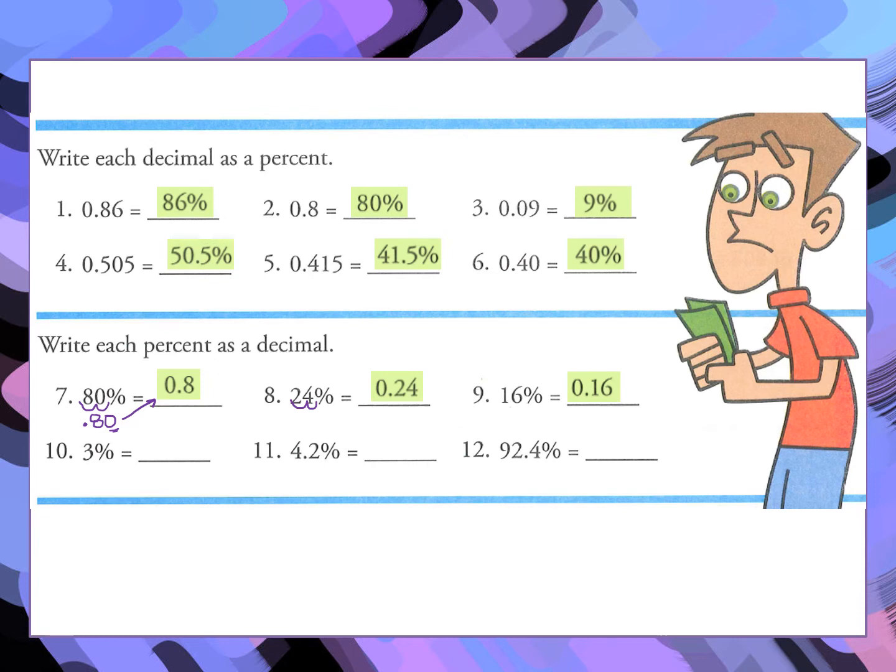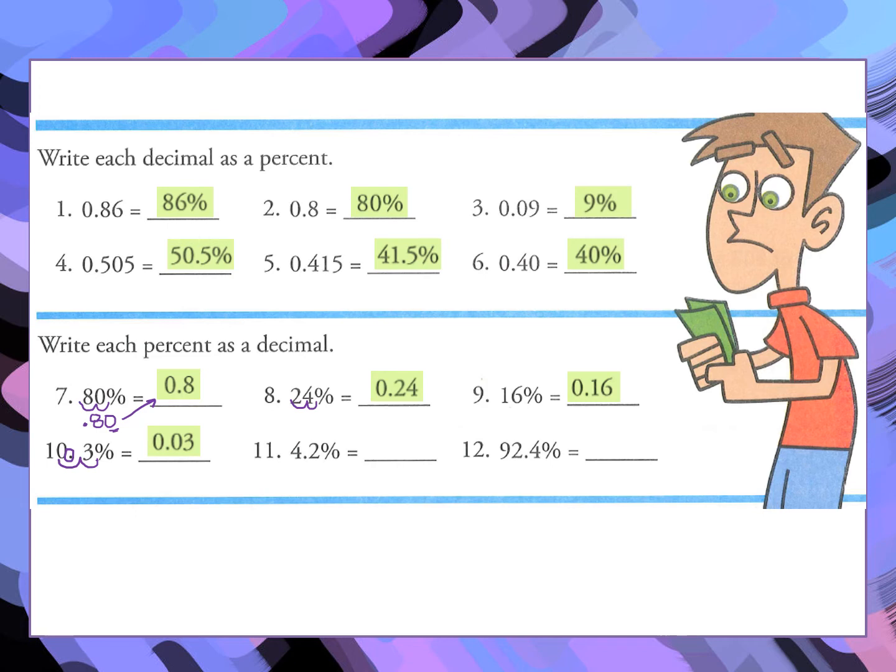For question 10, you should have gotten 0.03 or 3 hundredths. We would move the decimal point over 2 spaces to the left, and we would have to add a placeholder. So it would be 0.03.